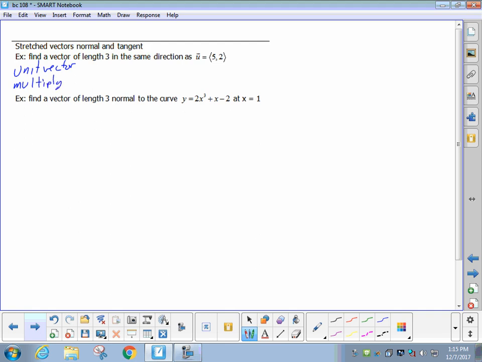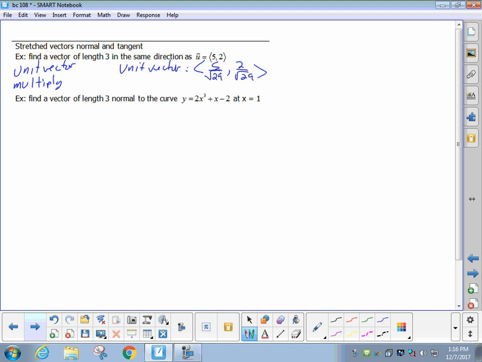Okay. So if I make a unit vector, what's a unit vector in the same direction? Root 29, 5 divided by root 29, and 2 divided by root 29. Yeah? So that one you don't negate the force? No, they said in the same direction, so I don't believe that's right.